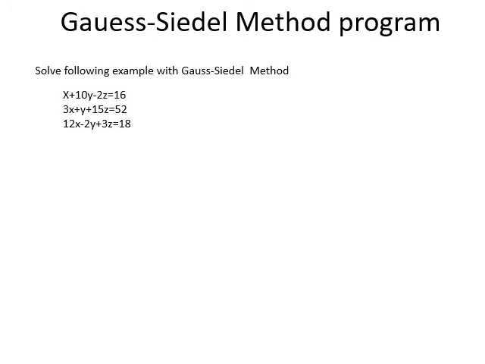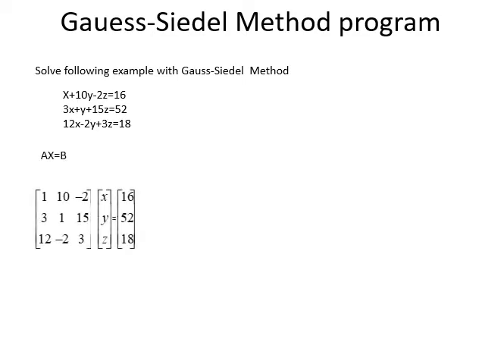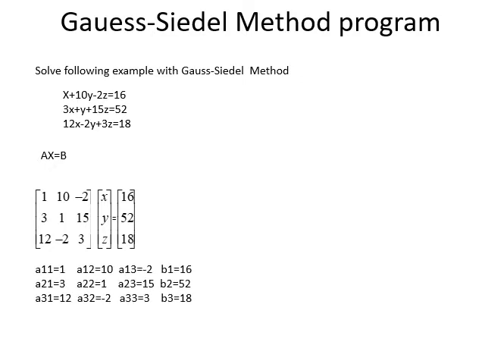x plus 10y minus 2z is equal to 16, 3x plus y plus 15z is equal to 52, and 12x minus 2y plus 3z is equal to 18. This is the system of equations. Let us write it in Ax is equal to b form.